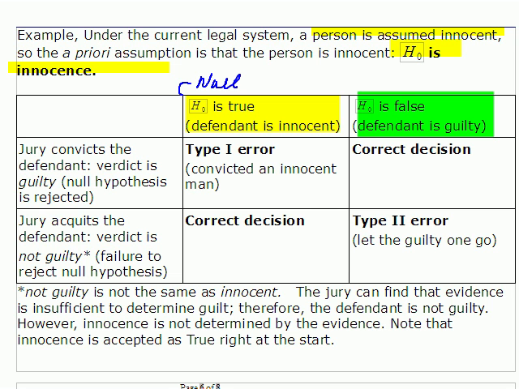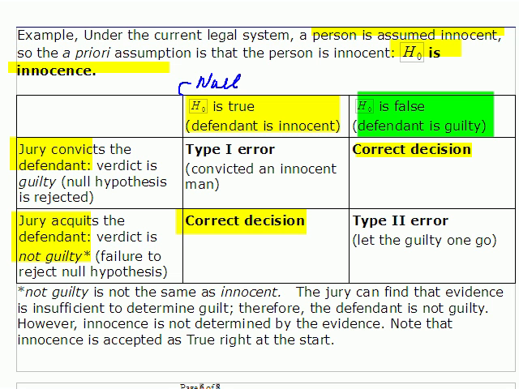Now, I can't prove innocence. I'm assuming innocence, but these are kind of minor points. What I really want to show you is where these errors come in. Now, if the jury convicts the defendant and the defendant was guilty, that's a correct decision. If the jury acquits the defendant and says not guilty, or rather not enough evidence to prove guilt, and the defendant was actually innocent, that is, the null hypothesis was true, that's a correct decision.